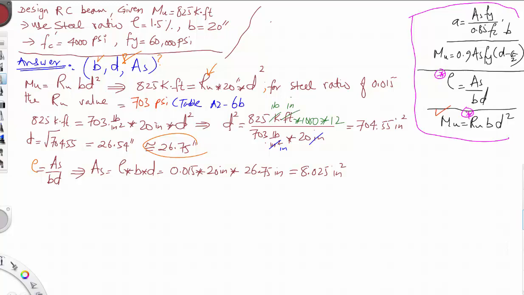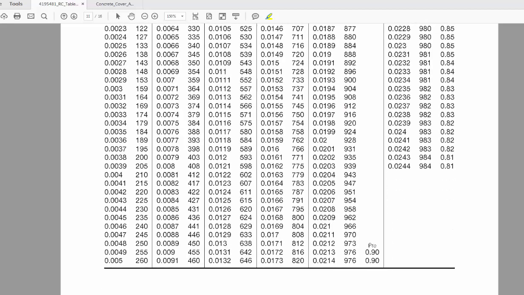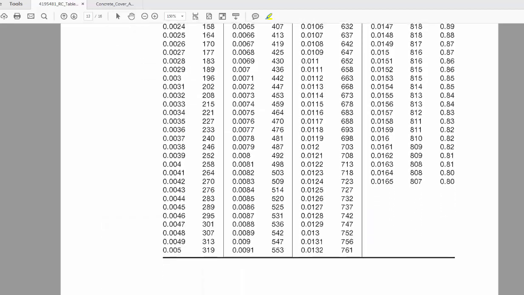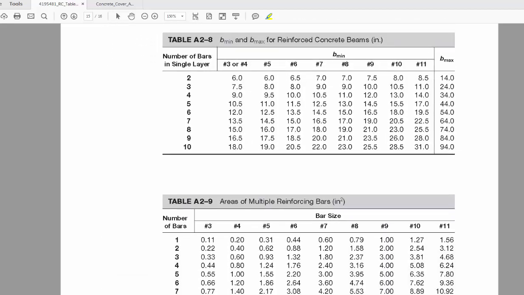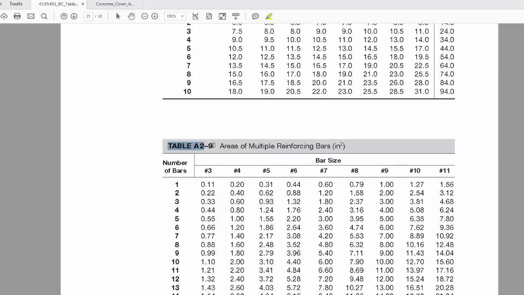Of course, we have to choose a combination. To choose a combination, we have to go to table 829. So here's the table 829. It says area of multiple reinforcing bars.